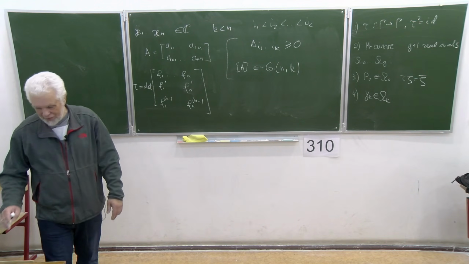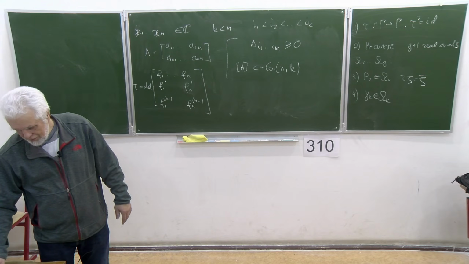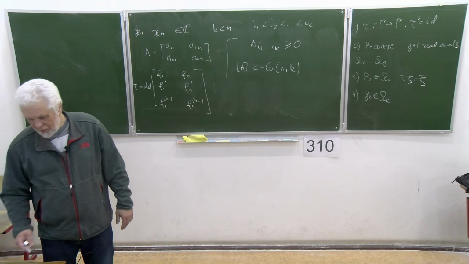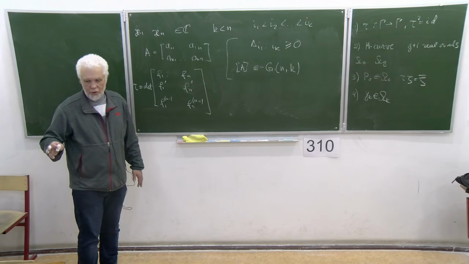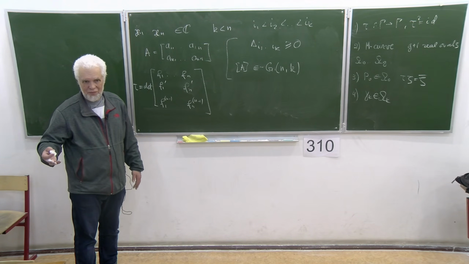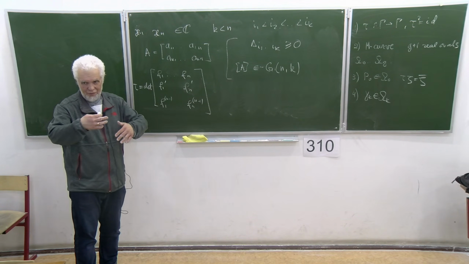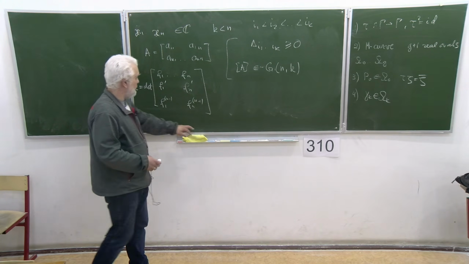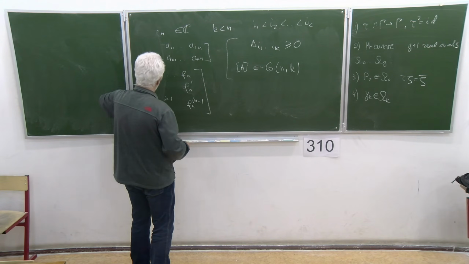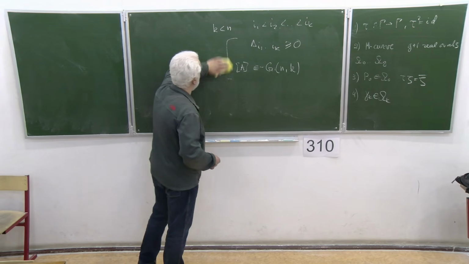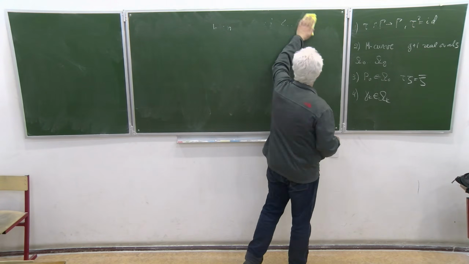If we have a matrix, the first thing we do, because we have freedom, is transform it to reduced row echelon form. For a point of the Grassmannian, it's natural to use the canonical representation.